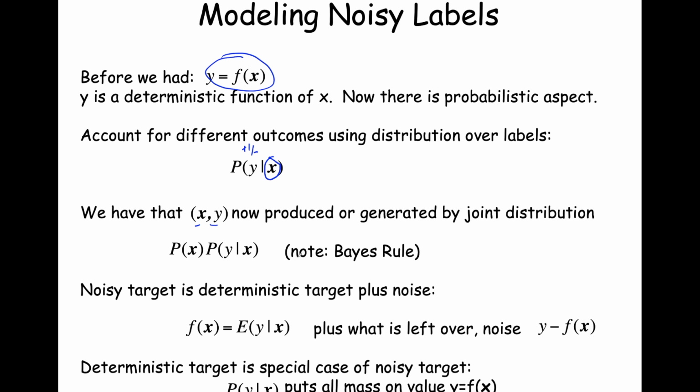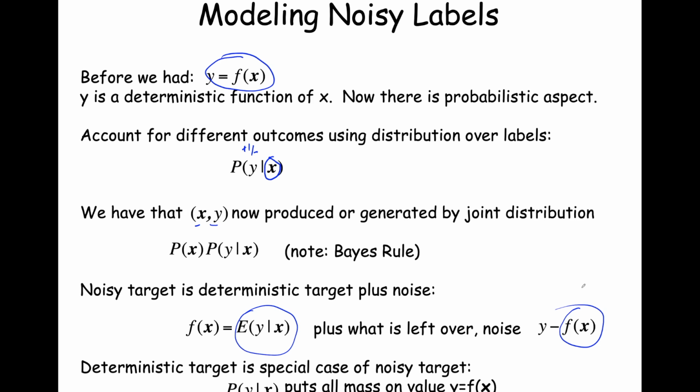And so the target function that you're after, f of x, is the conditional expectation of your class label y given x. And this is our target function, but what's left over is noise. This is going to be our y value for a particular x, and now we subtract from y our deterministic version of the function, f of x, and that's going to be our noise.